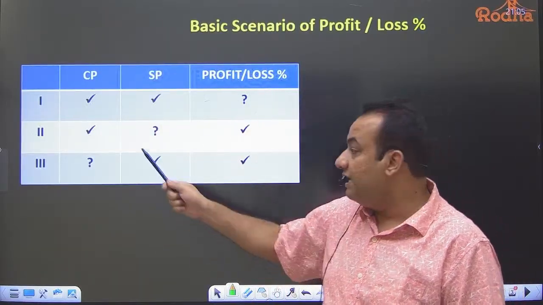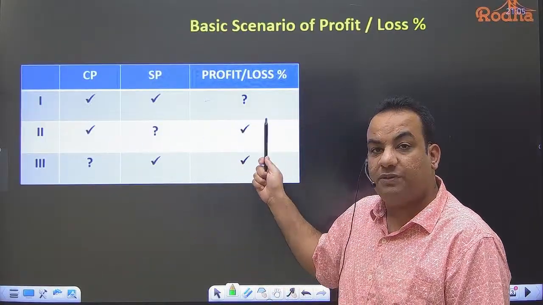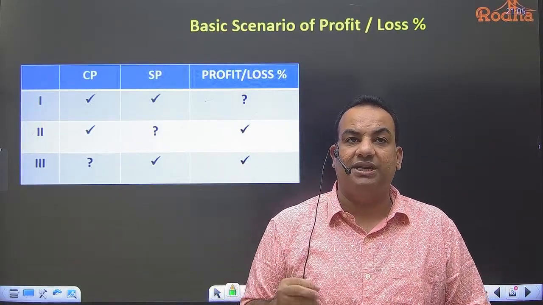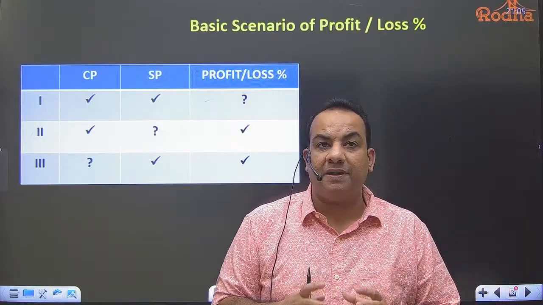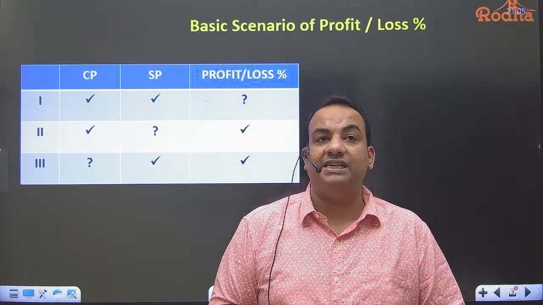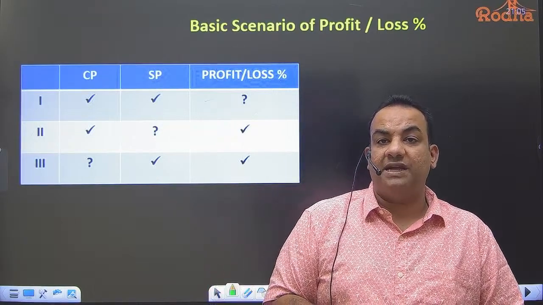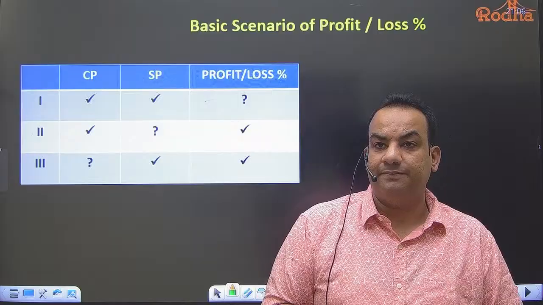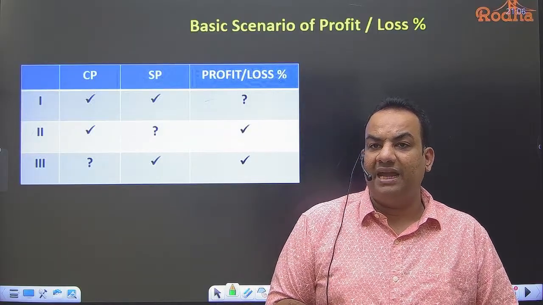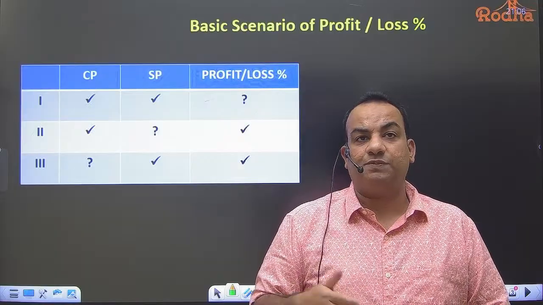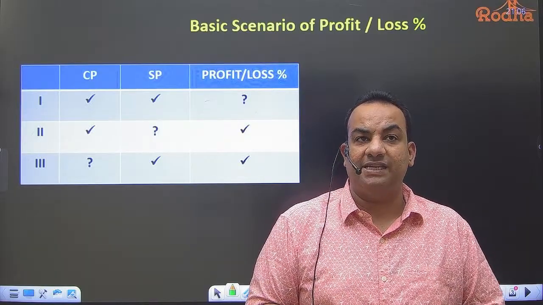Now, if they give you CP and profit or loss percentage, you can easily calculate selling price. Now I give you a simple situation, tell me the answer. Cost price is 800, loss percentage is 15. Find the selling price.